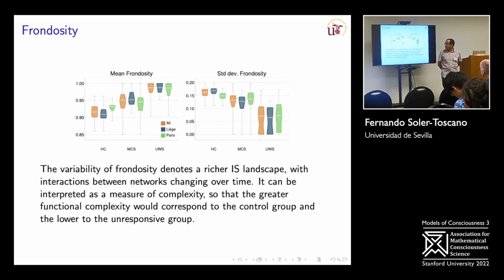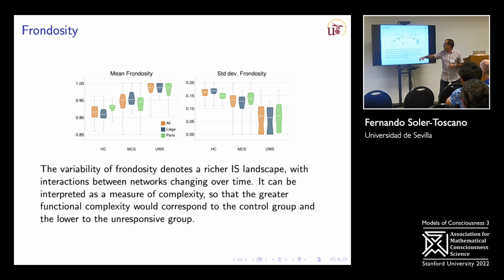Similarly with frondosity, the variability of frondosity denotes a richer information structure landscape, because there are more differences among the information structures.